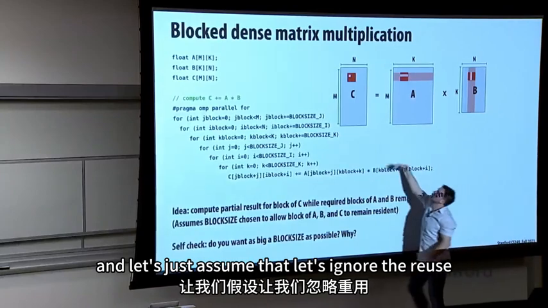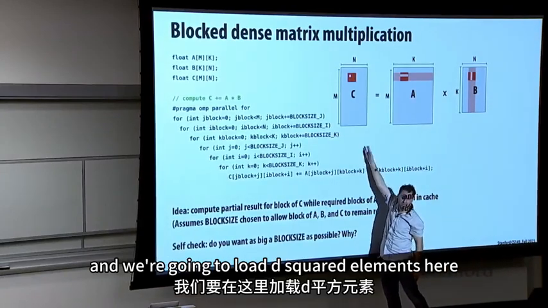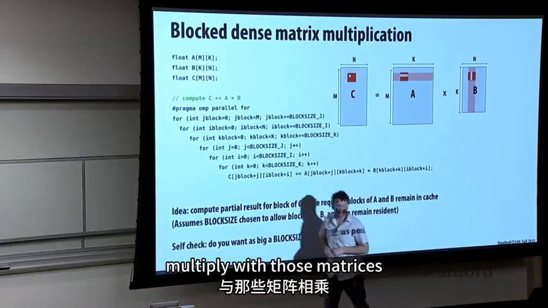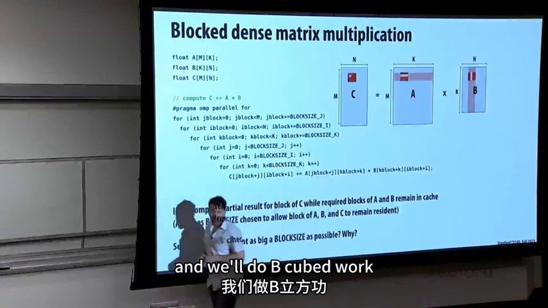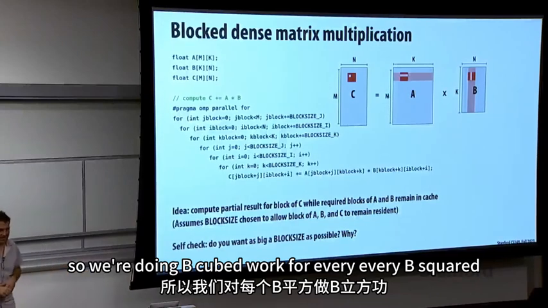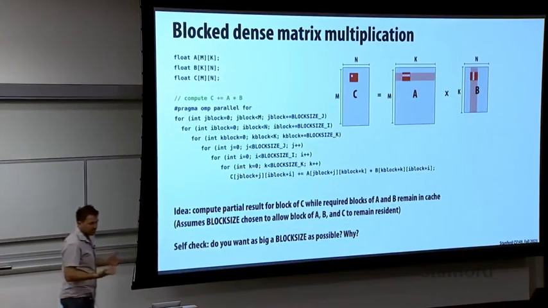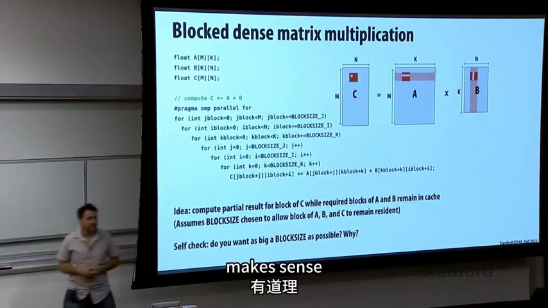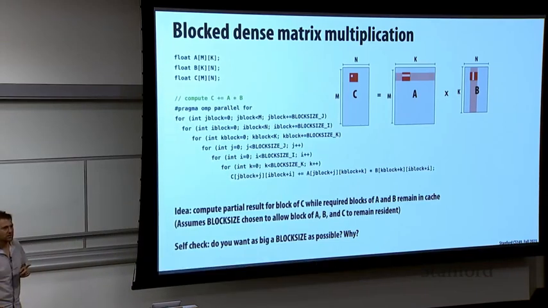Let's ignore the reuse. Then we're going to do a matrix multiply with those matrices, and we'll do B cubed work. So we're doing B cubed work for every B squared IO. Make sense? I thought I saw one more question.